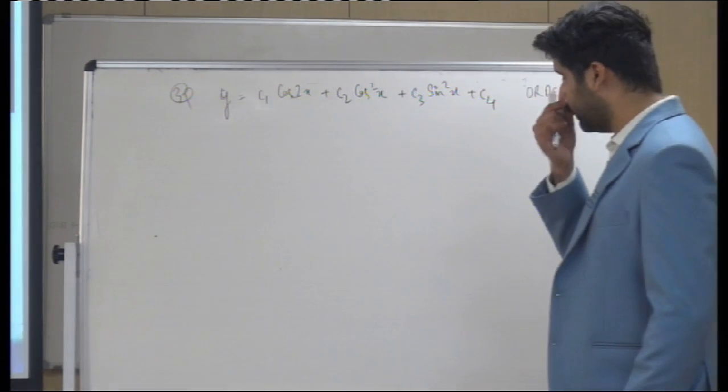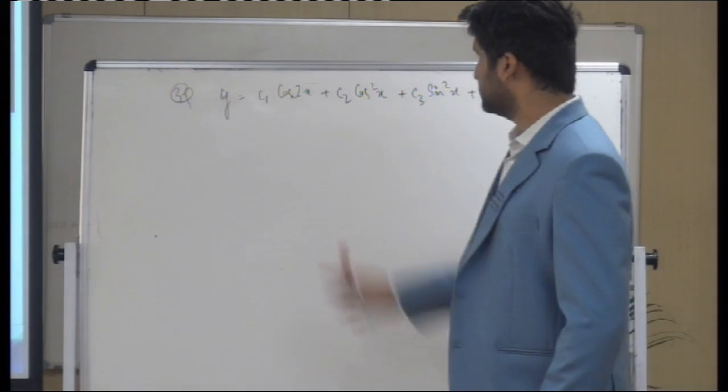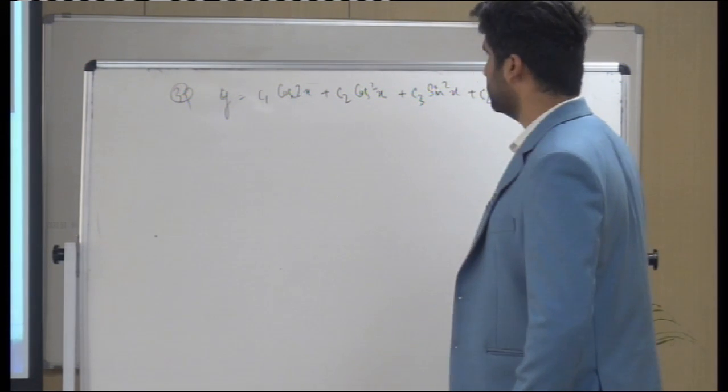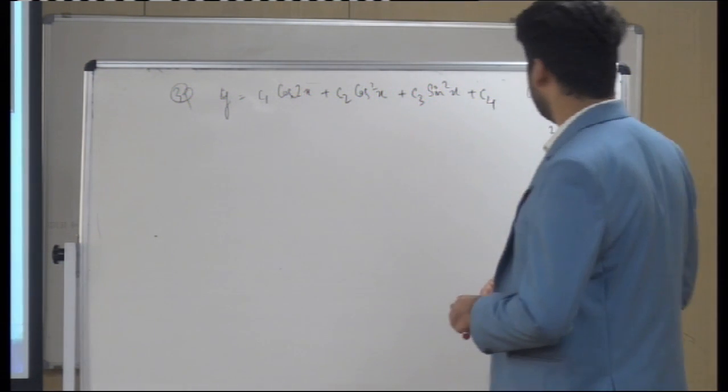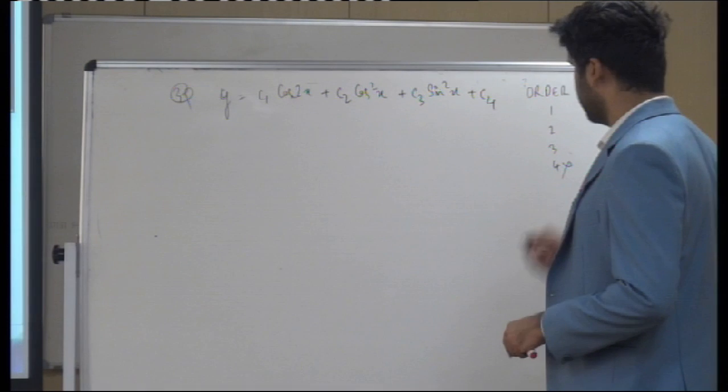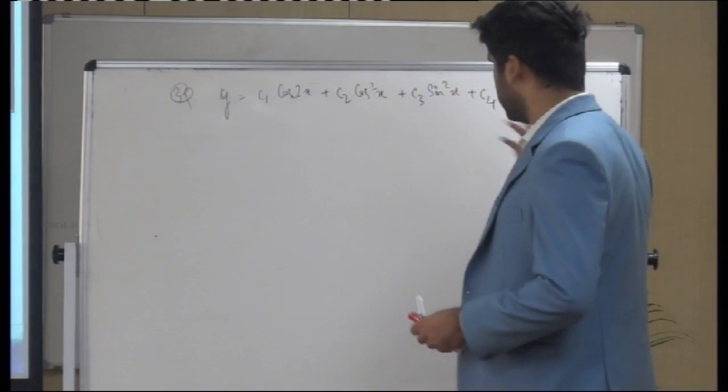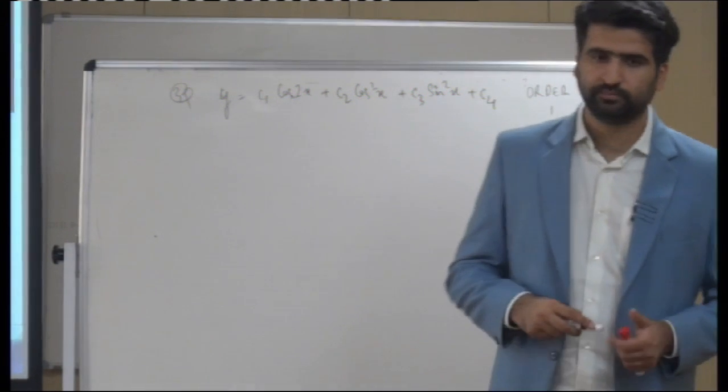So we have 4 arbitrary constants, C1, C2, C3 and C4. But I am saying that the order is not equal to 4. Explain how and tell me what the order is, except 4.